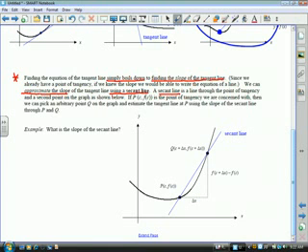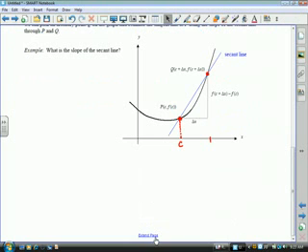A secant line is a line through the point of tangency and a second point on the graph as shown below. So what you'll see down here is this is x equals c. That is the point of tangency. I want to know what the tangent line is right there. So I pick a second point on the graph. Well, the way that point was chosen is how far over did they go?